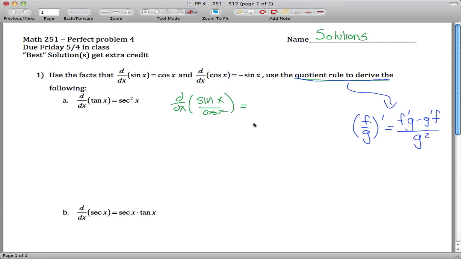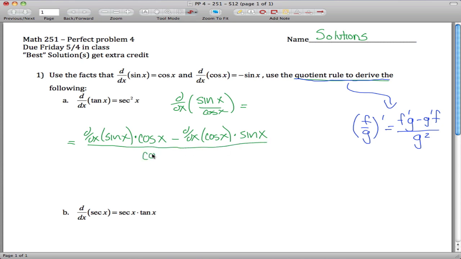So applying that quotient rule here, where f is sine and g is cosine, maybe I'll write it out a little bit more. It would be the derivative of sine times cosine minus the derivative of cosine times sine, and that is all divided by cosine squared.